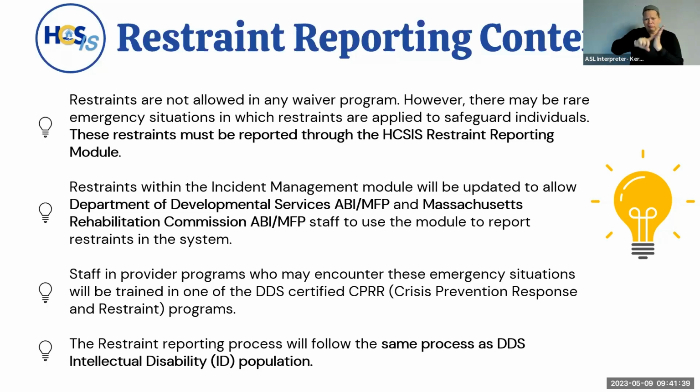Also, this requirement did not allow DDS and MRC to fully monitor and track any restraint use within ABI-MFP. Due to the ABI-MFP waiver renewal changes, it is now required that these restraints must be reported using the HCSIS Restraint Reporting module.